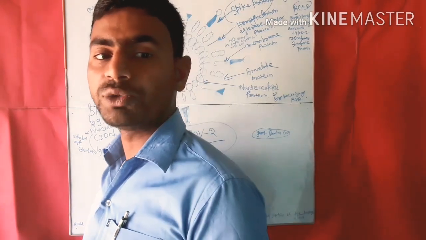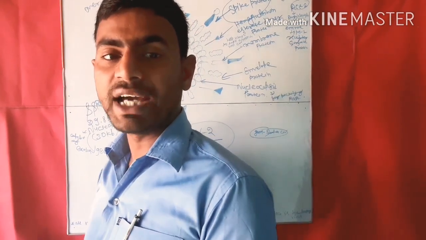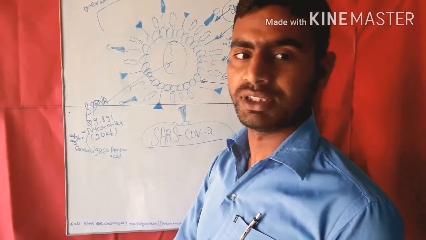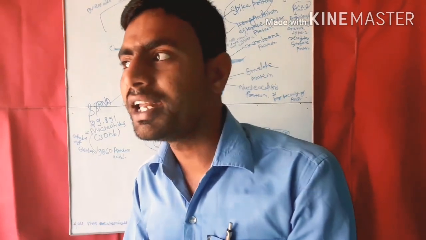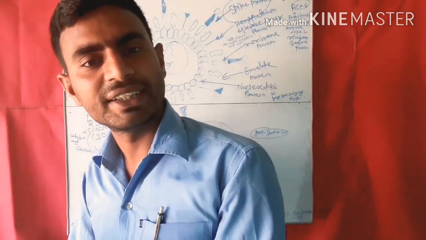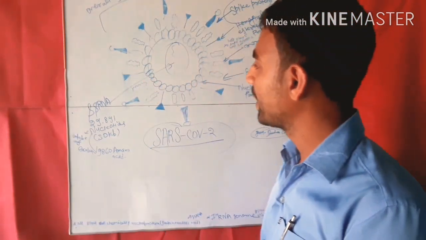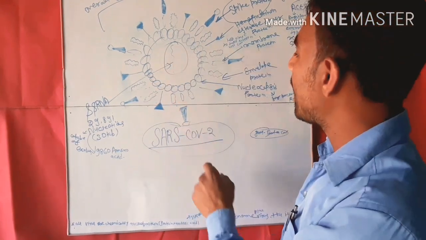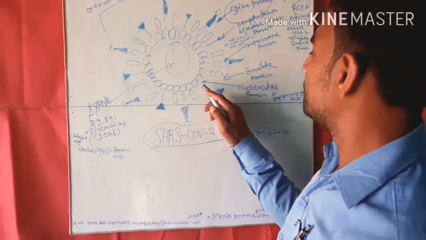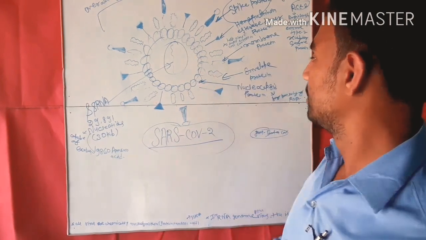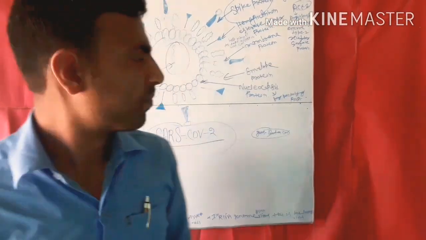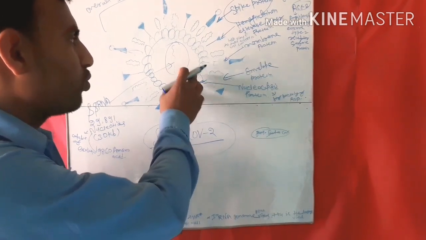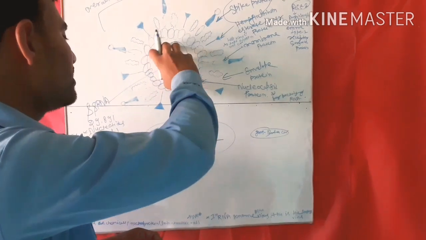This means that the 30,000 nucleotide bases are responsible for encoding 9,860 amino acids. Okay, and this single stranded RNA is protected by the nucleocapsid protein. This means the nucleocapsid protein protects this single stranded RNA.